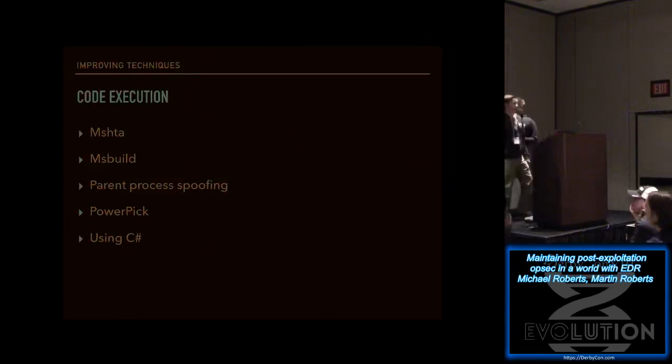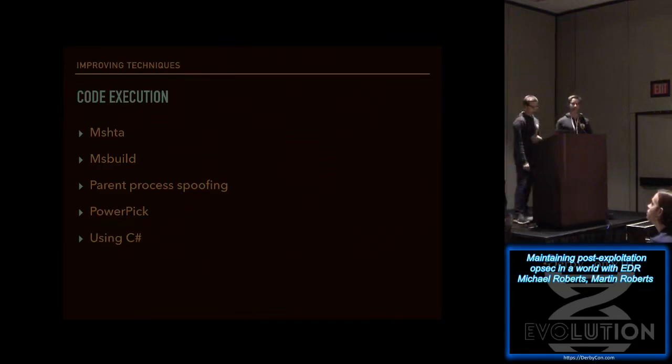All right, let's start with code execution. Every day it seems like on Twitter there's a new method of code execution that can get around Windows Defender or another endpoint solution. PowerPick's been around for a while. There's plenty of solutions for running completely in memory, avoiding writing to disk, which we talked about earlier, and overall just not getting caught by EDR solutions.